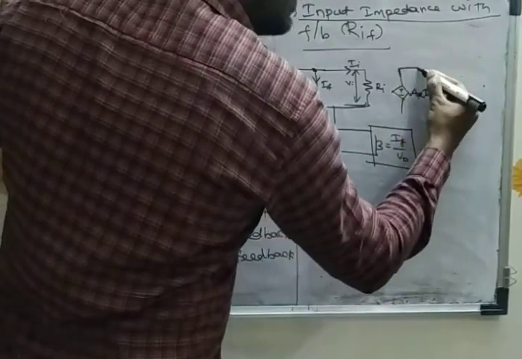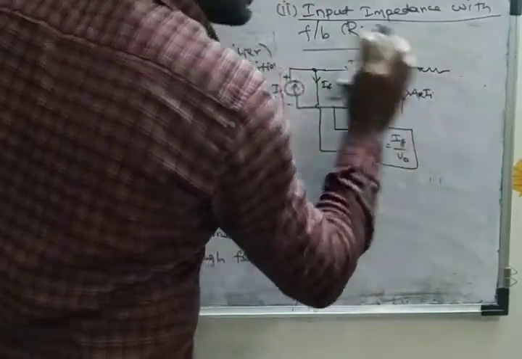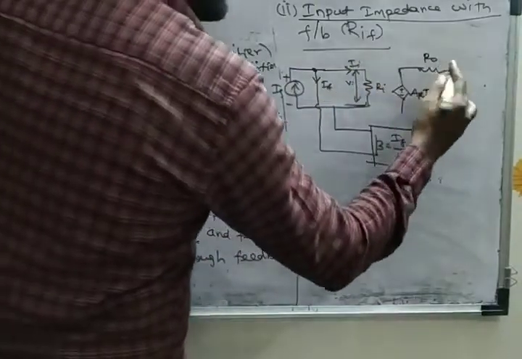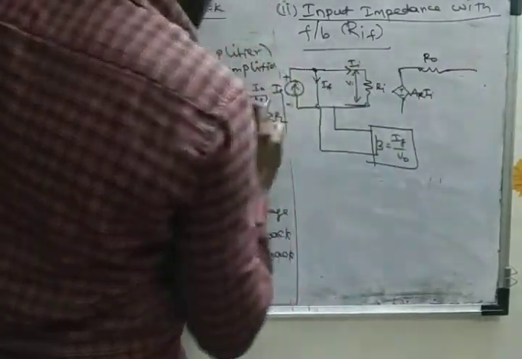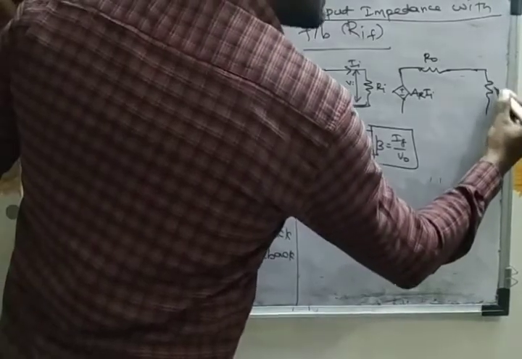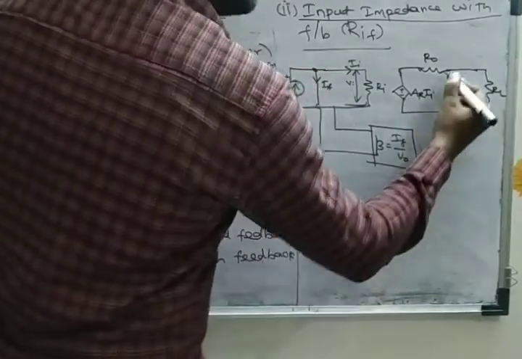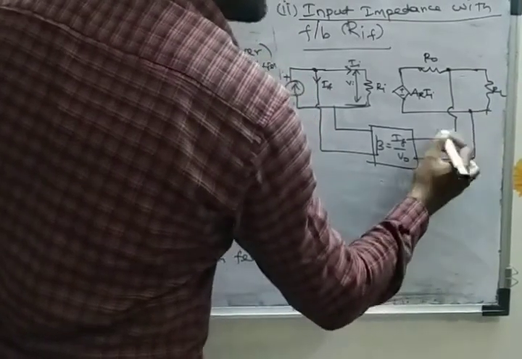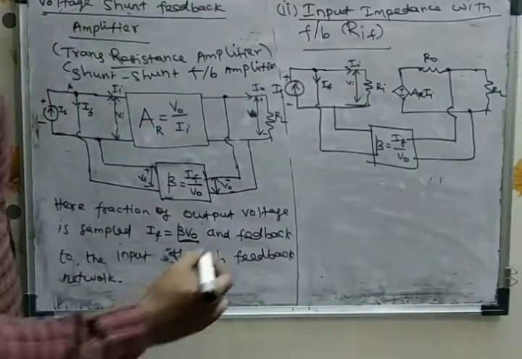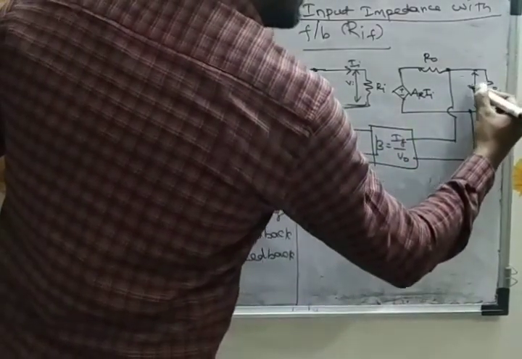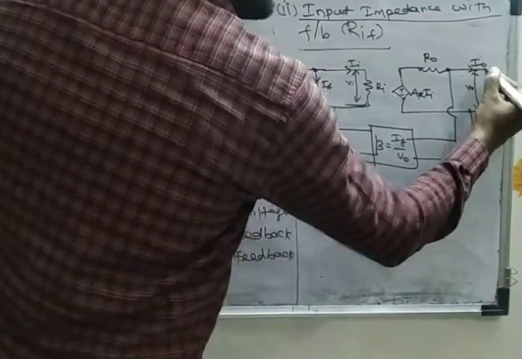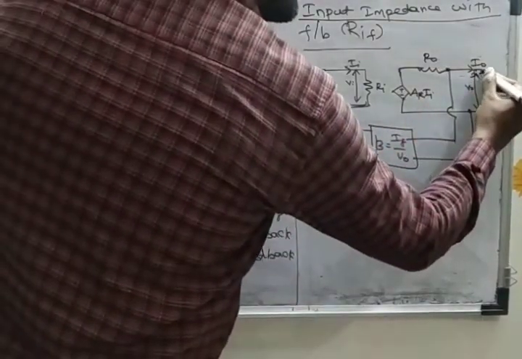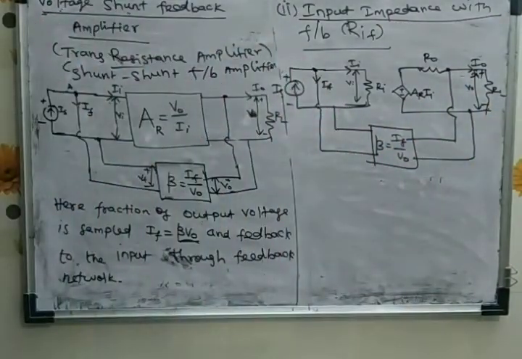Then you have to use series resistance R naught, the output resistance, and then you have load resistance RL. Here you have V naught and I naught.